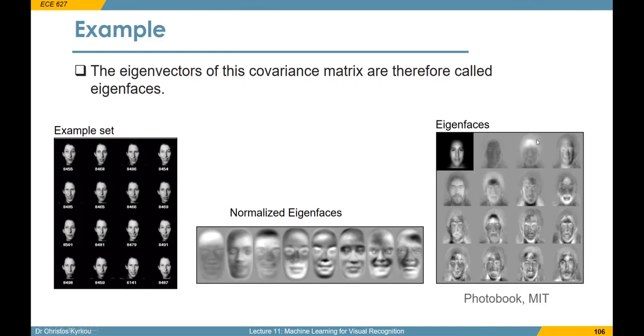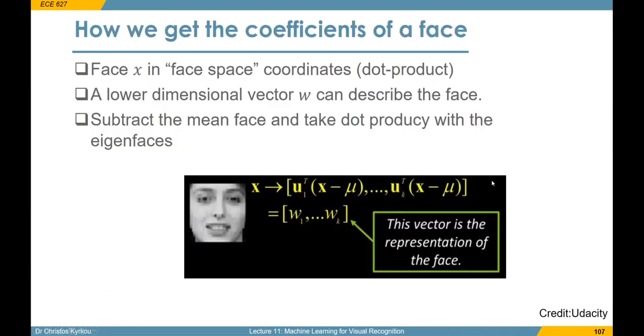So you can see there's an eigenvector here that corresponds to the forehead, some to the eyebrows, the beard, and so on. So they encode meaningful information of what is in the face.